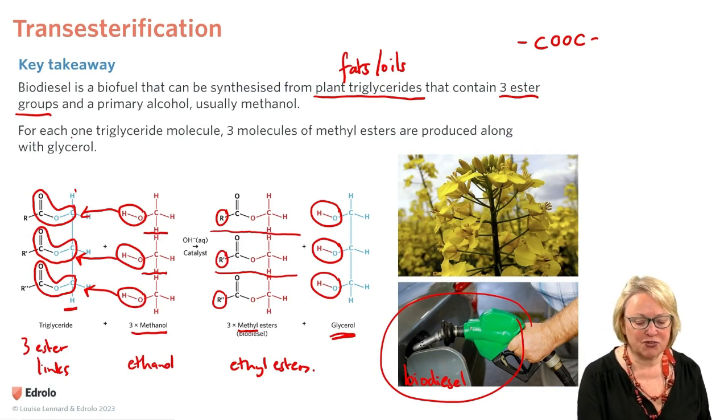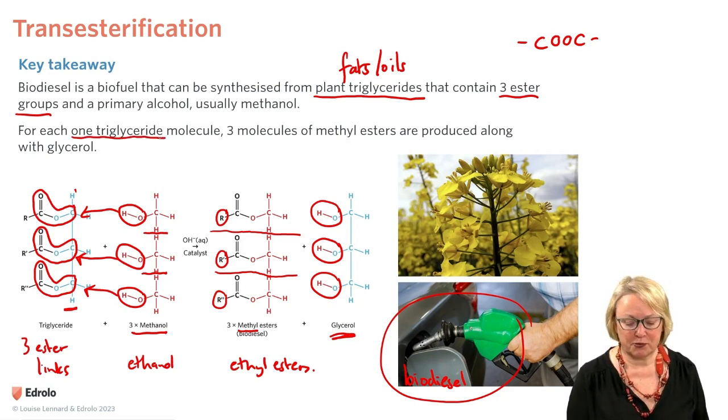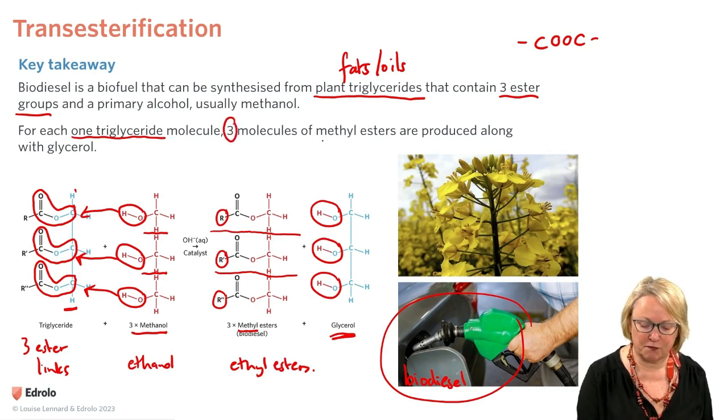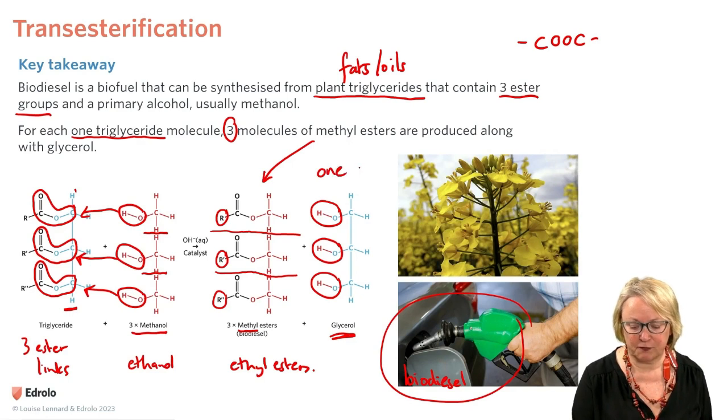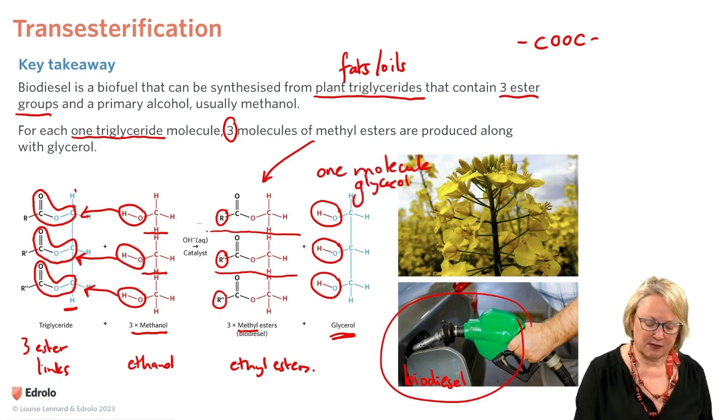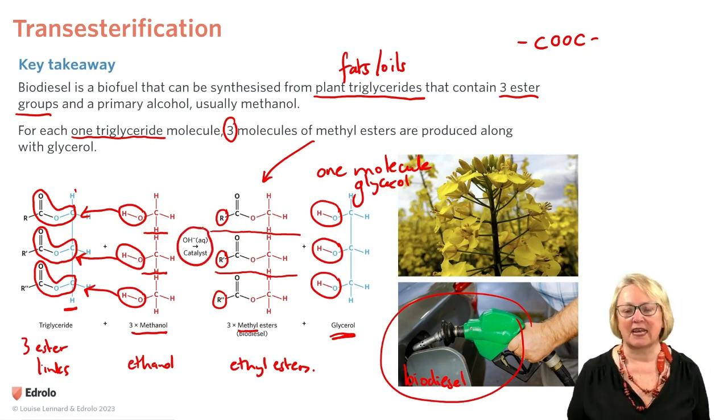So for one triglyceride molecule, we produce 3 molecules of methyl esters and 1 molecule of our glycerol. The reaction conditions that we need are hydroxide ions as a catalyst.